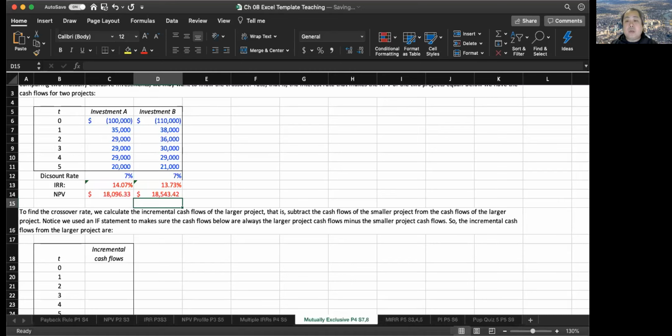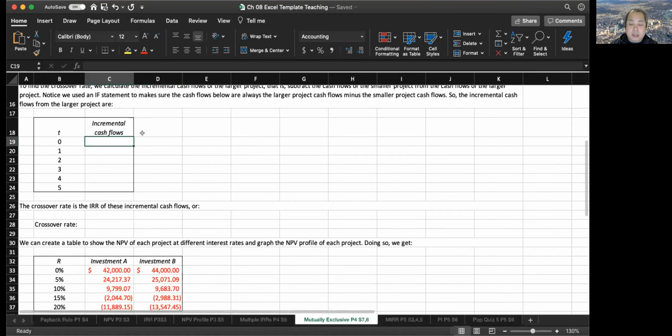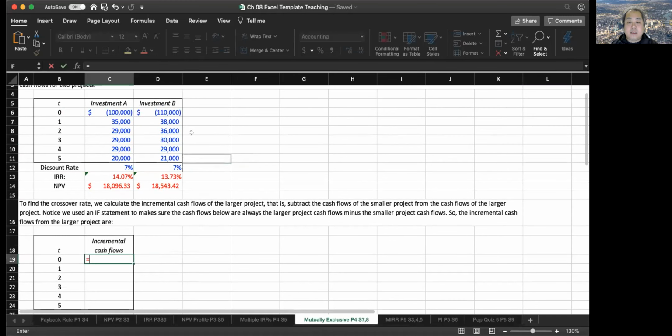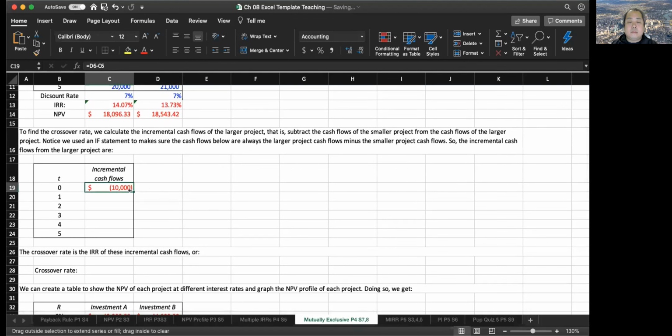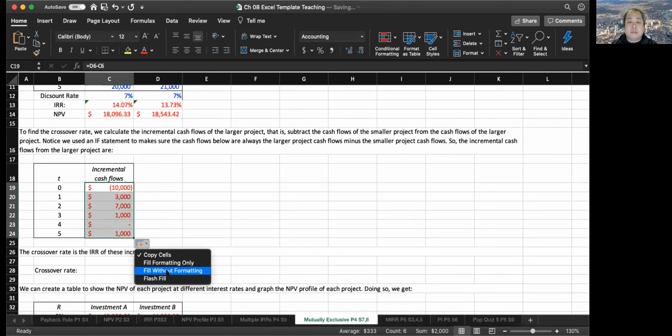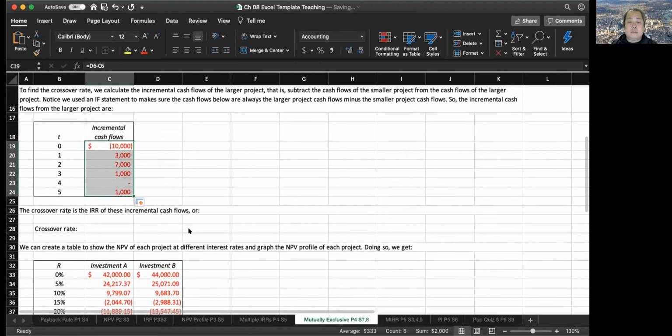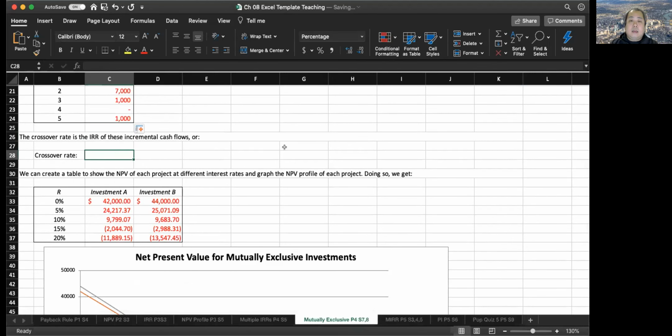It means that the crossover rate is the IRR of incremental cash flows. Incremental cash flow is the difference between two cash flows. We can calculate incremental cash flows by cash flow B minus cash flow A. Then get the IRR.